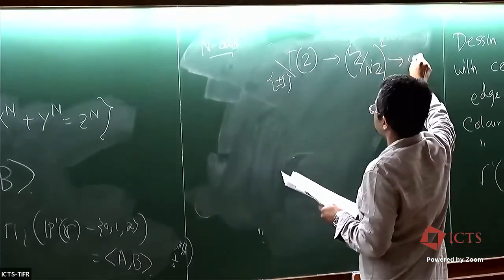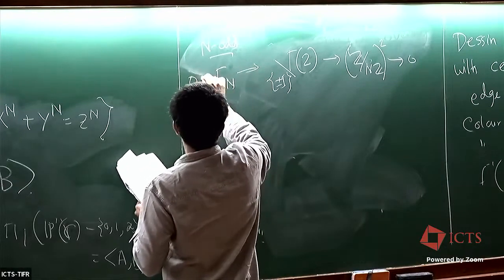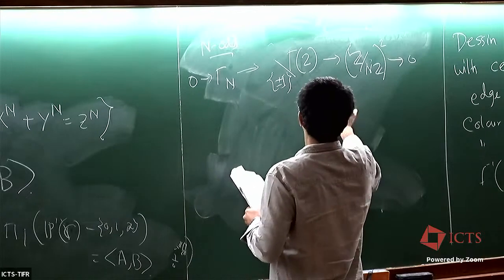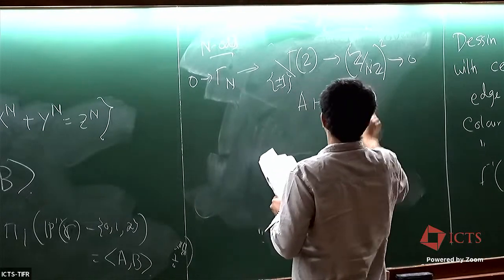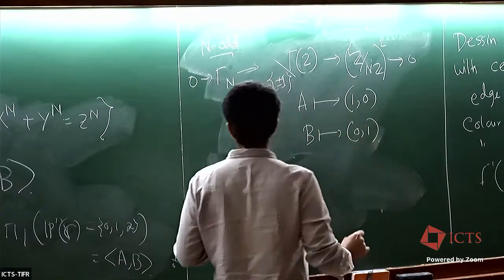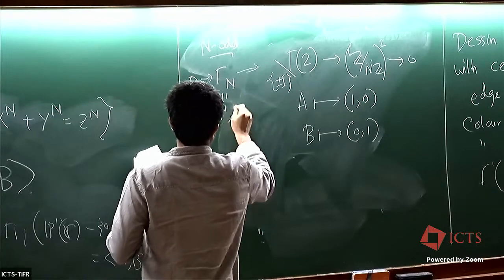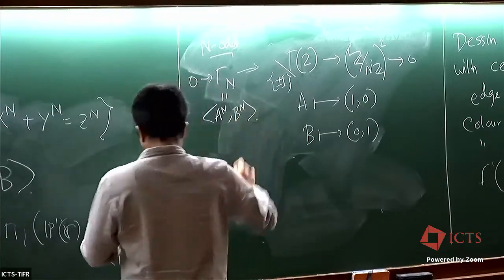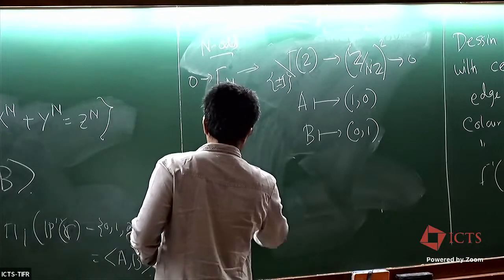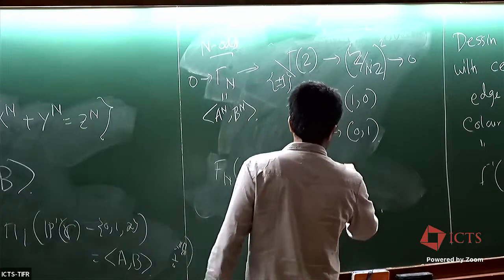Look at the kernel, and this map sends A to 0 and B to something, and this kernel is generated by A to the power n and B to the power n, and this Fermat's curve F n corresponds to this gamma n in Belyi's theorem.